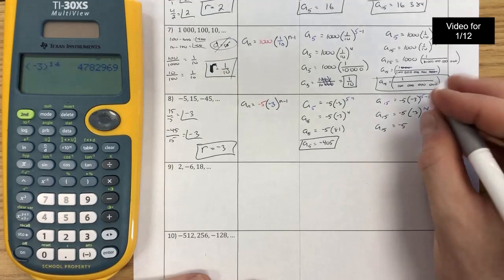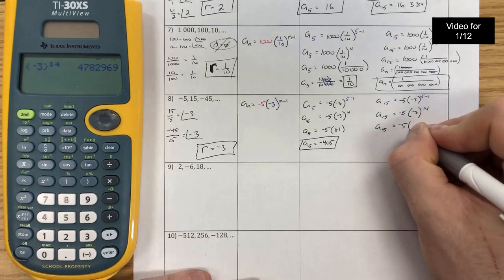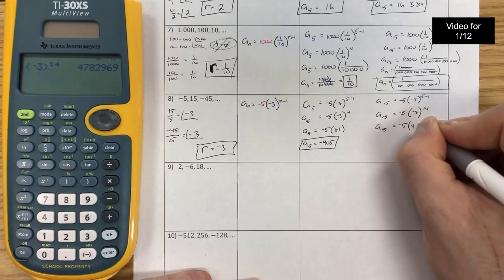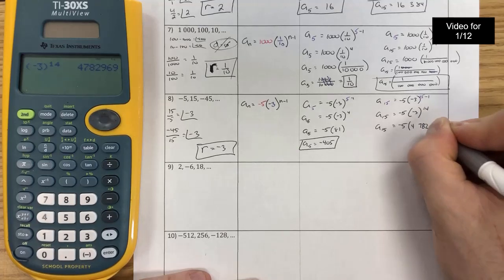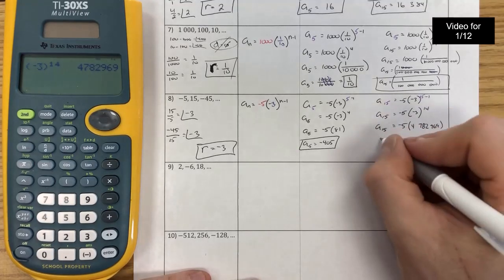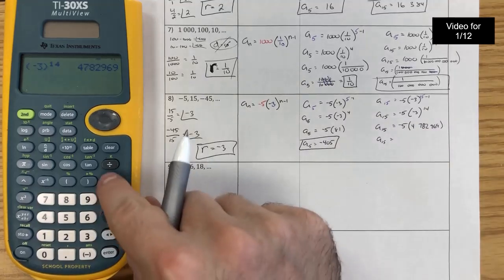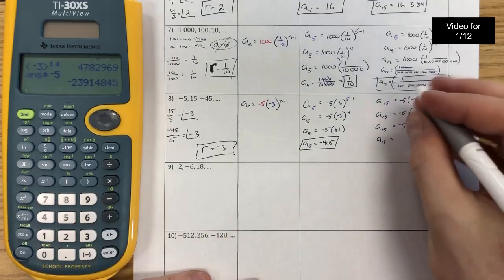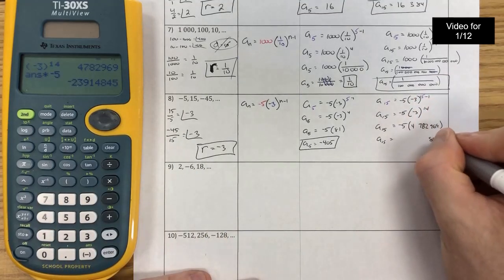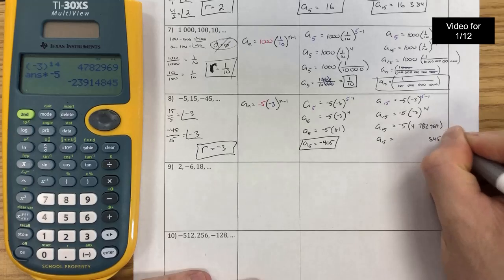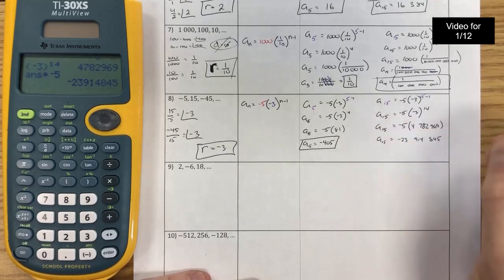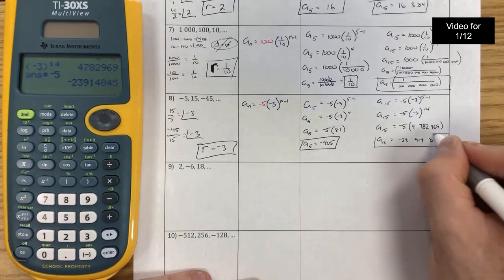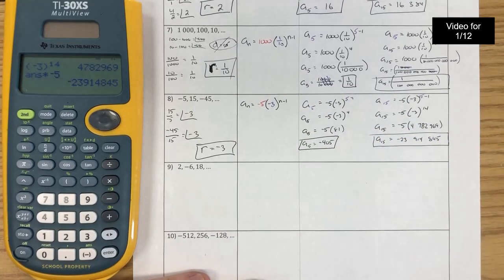We get a really big number like this. So let's see, that's 4, 7, 8, 2, 9, 6, 9. I'm multiplying that times a -5. Let's see, and so I get 23,914,845, negative. So -23,914,845. There you go.